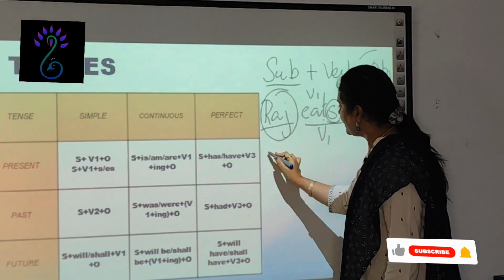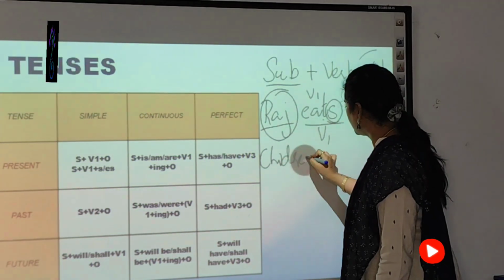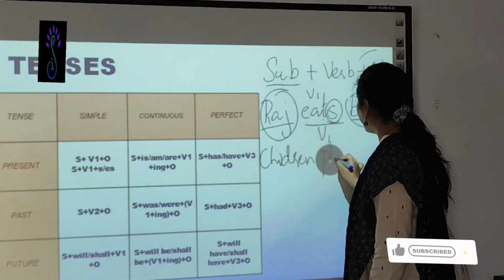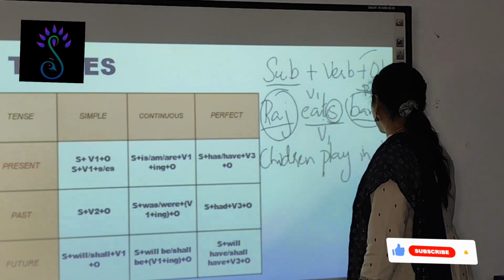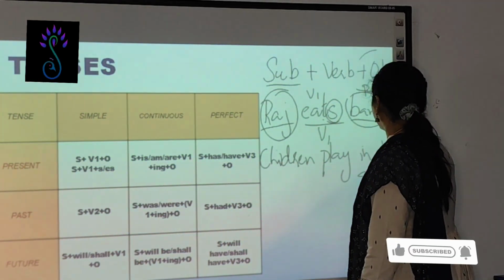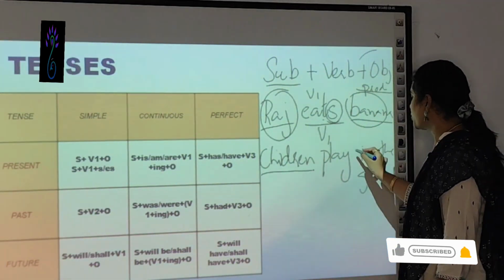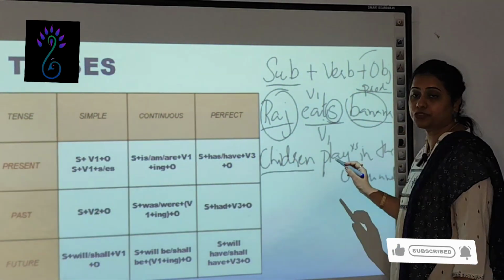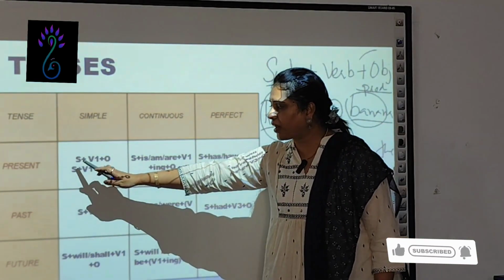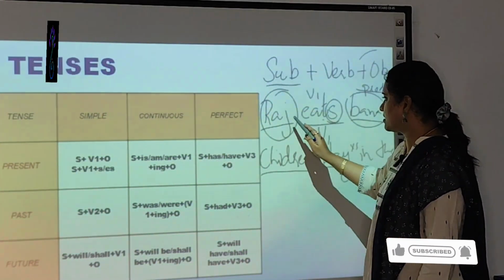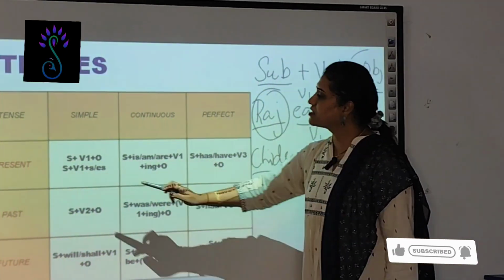If I write, children play in the garden or in the ground, here the subject is plural, isn't it? So you should not add S to the main verb. That is the rule. You add S when the subject is singular. That is for simple present.